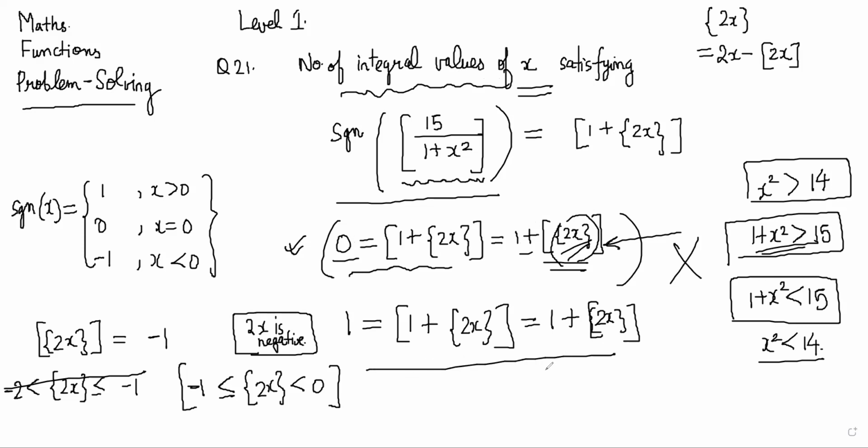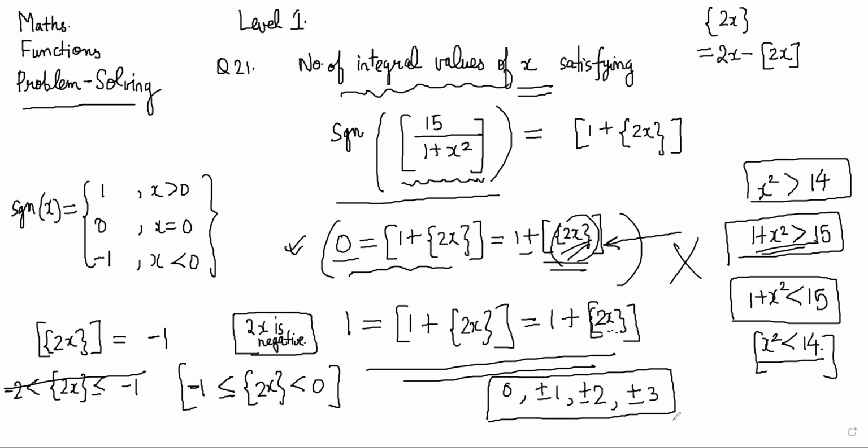This is always true, right? Yeah, always true, because now you have 1 equal to 1. So all integers such that x square is less than 14. Let's look at the integers 0, plus minus 1, plus minus 2, plus minus 3. These are the integers for which x square is less than 14.